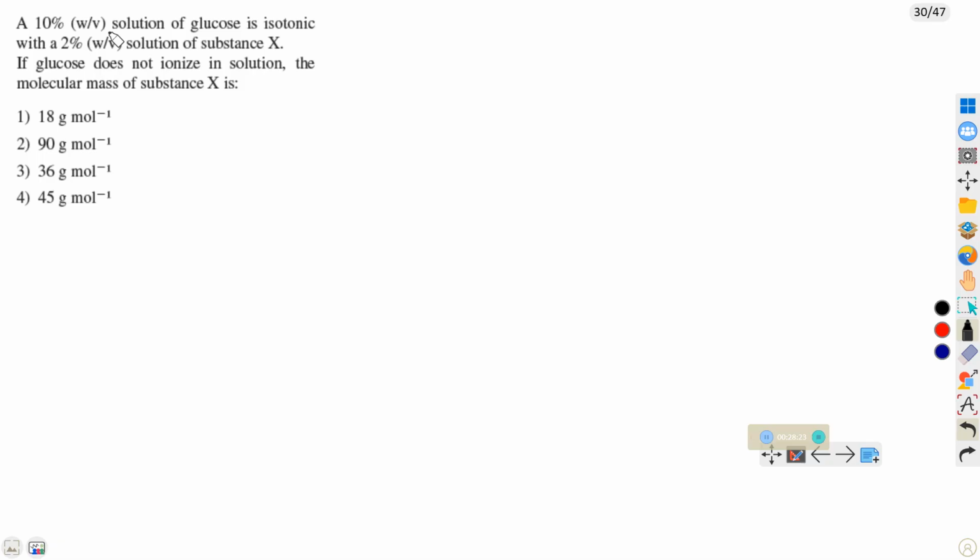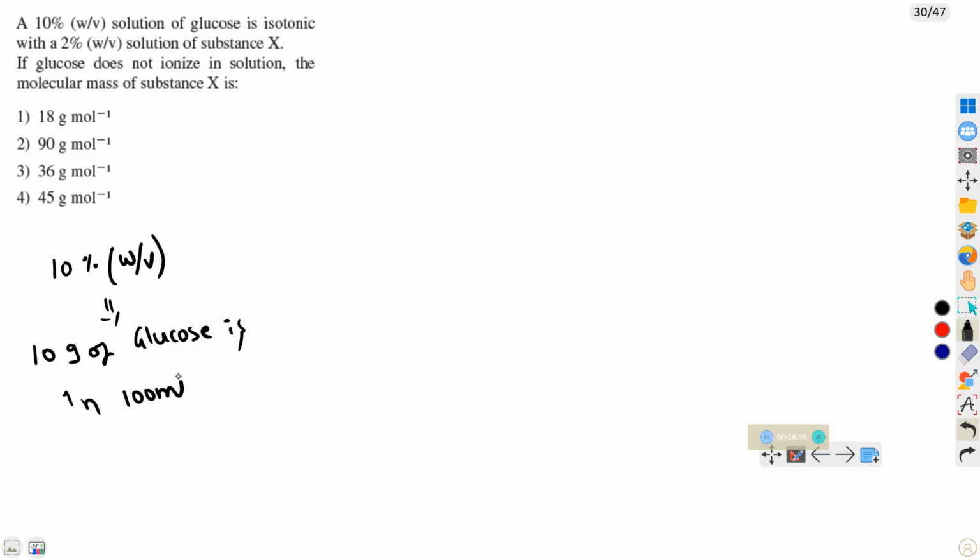A 10% weight by volume. First of all, 10% weight by volume means 10 grams of glucose is in 100 ml of solution.